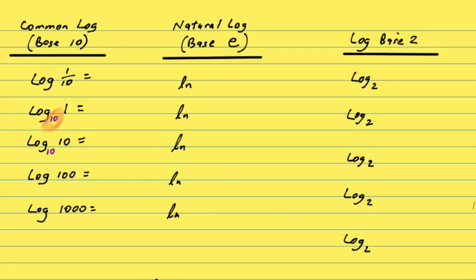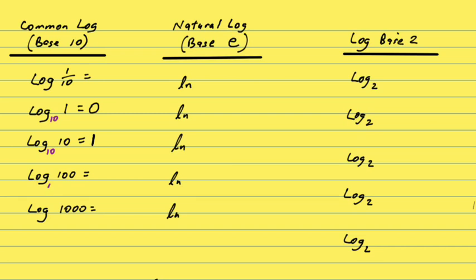10 to what power is 1? 0. How about here? 10 to what power is 10? 1. There's no 10 written there, but log means base 10 if it doesn't say it.